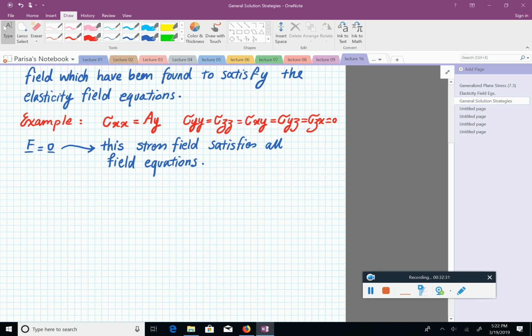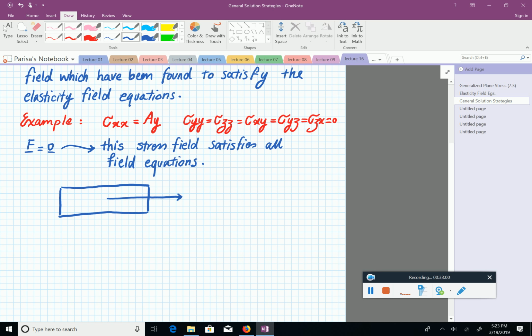So for example, in this particular case, the way it works is that you take a domain and you try to see what these stresses mean, how they look. Of course, this is a very, very simple example. I take a rectangular domain. I just want to use this example to show you the spirit of this kind of solution strategy.